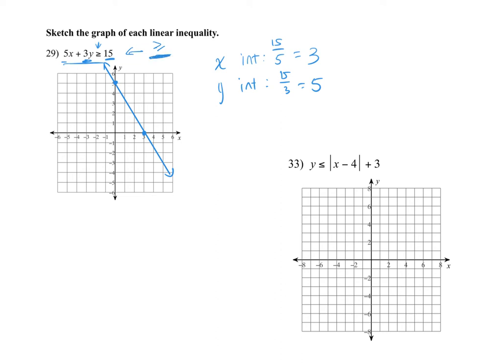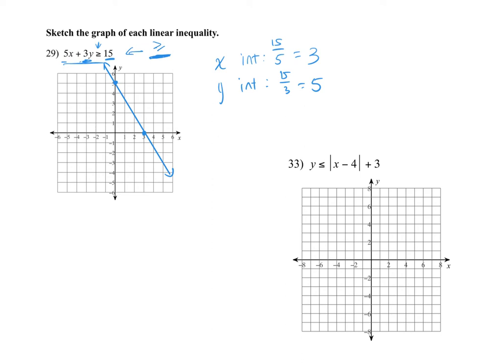If there was a negative in front of my y, then when I put it in slope-intercept, it would flip that sign, because dividing by a negative would flip your greater than or less than, okay? So you can look at the number in front of the y and say, if it's positive, do what it tells me. If it's negative, flip my greater than or less than.